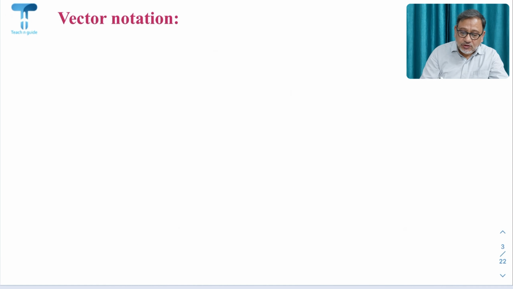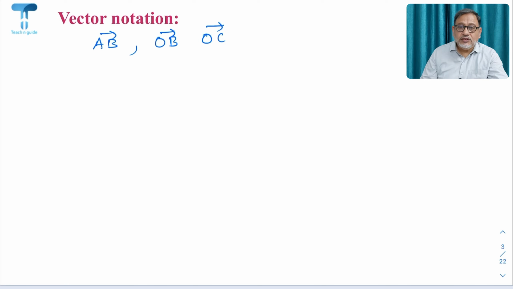Okay, so vector notation. As I already told you, vector notation can be AB, or it can be OB, or it can be OC, and so on. Let me draw an arrow diagram.